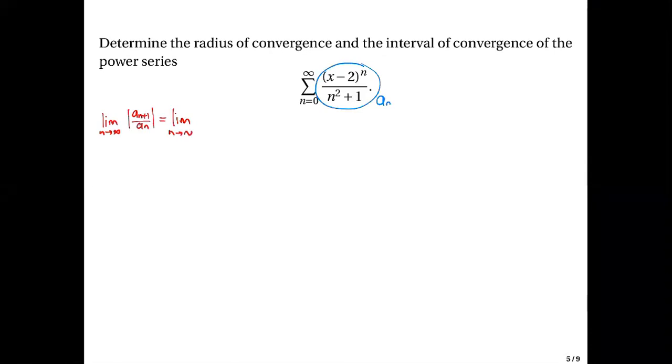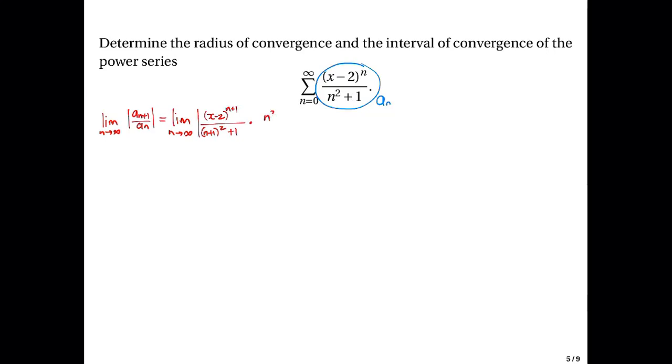So the limit as n approaches infinity, and for this guy, we have x minus 2 raised to n plus 1 divided by n plus 1 quantity squared plus 1, times 1 over a sub n, so we'll just get the reciprocal of this.